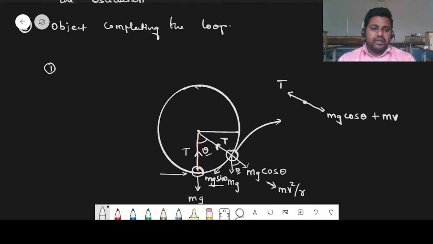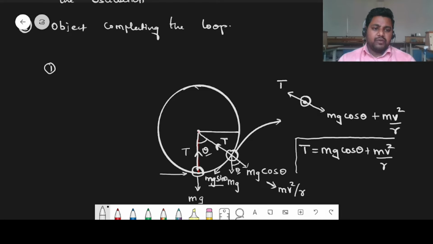So there is another force acting in this direction. Since the object is neither going away nor falling into the circle, the forces should be balanced. You can write the equation of tension as T is equal to mg cos theta plus mv square divided by r. This is the general equation of tension for the object which is oscillating or moving in the lower circle.